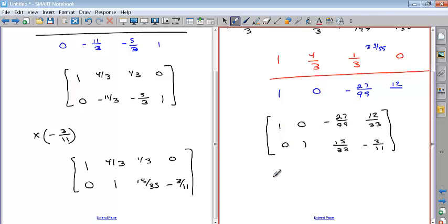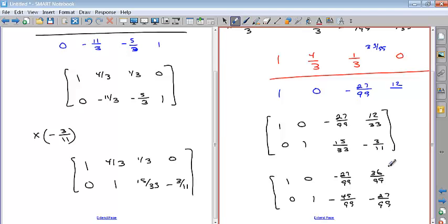Now what I could do is make everything in terms of 99 as the denominator. So that one's already 99, so it's 27 over 99. To get to 99 here, I'd multiply both by 3, so I'd get 36 over 99. So 3 times 12 is 36. Here I'd have to multiply by 3, so I'd get 45 over 99. And here I'd have to multiply by 9, so I get negative 27 over 99.